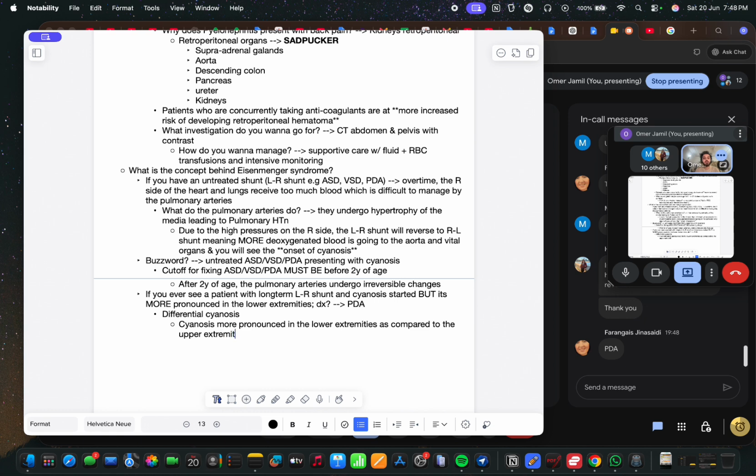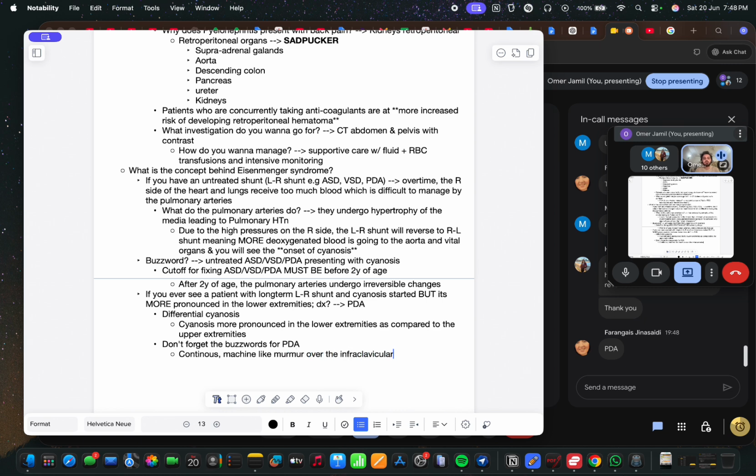point. You're going to see cyanosis in all three, ASD, VSD, PDA. But if they're trying to point you towards the patient having more cyanosis pronounced in the toes or whatever, directly think of PDA. This is a huge giveaway. And don't forget the buzzwords for PDA: a continuous machine-like murmur over the infraclavicular area.